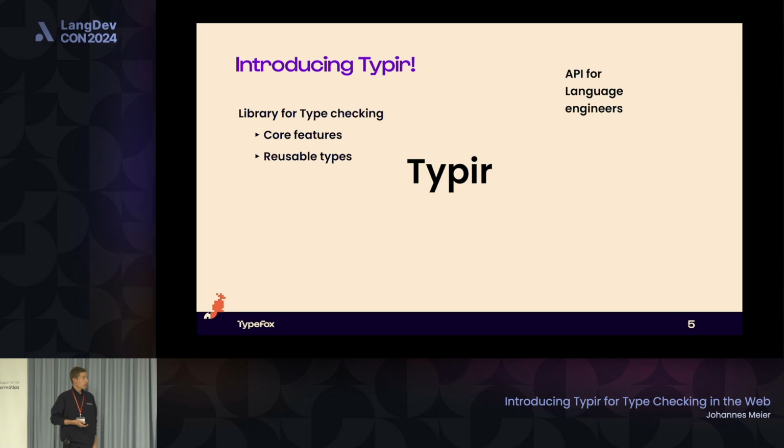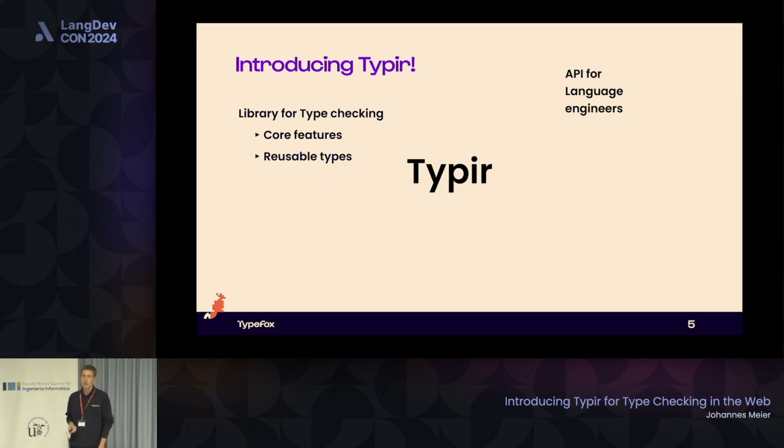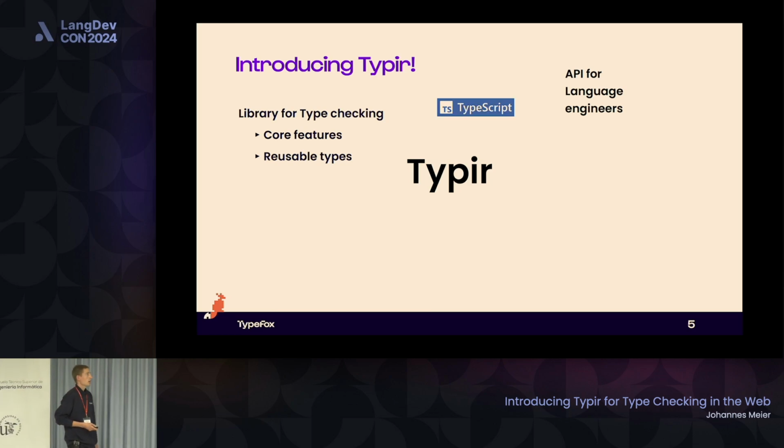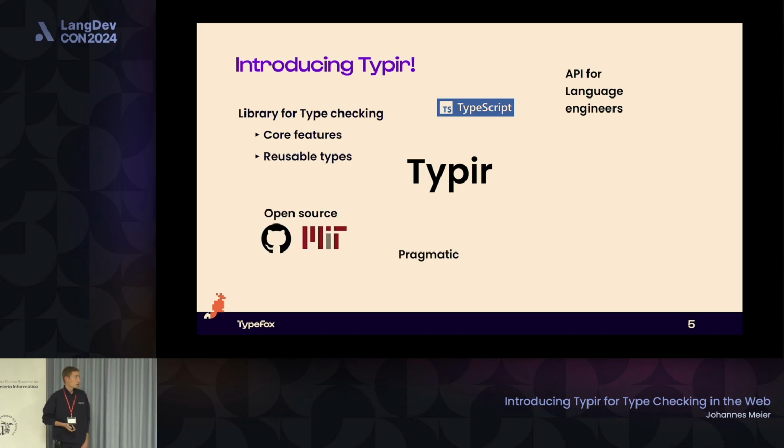In the end, this library is targeted at language engineers, since they are the people who need to realize the type checking for a DSL, and we provide an API for them. So no dedicated external DSL, but an API developed in TypeScript. The whole library is developed in TypeScript. It's open source, and it follows a pragmatic approach.